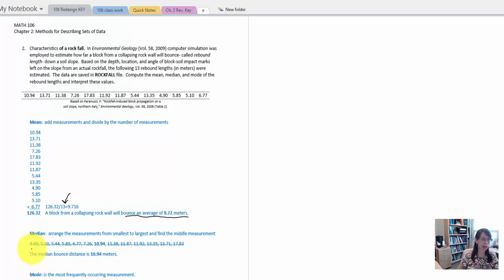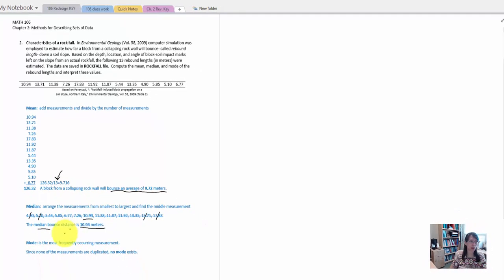So as I'm eliminating, I would take the smallest value and eliminate the largest value. Then I work my way in. Another smallest value eliminated with the largest value, and so on until I get to the center, 10.94. So our interpretation of this number is the median bounce distance is 10.94 meters.